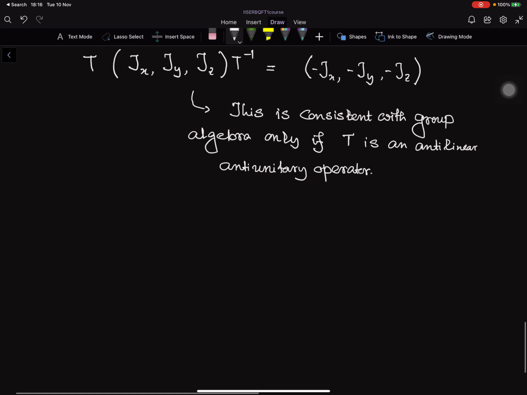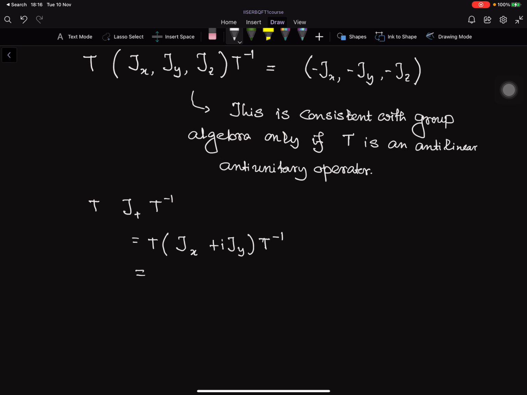Okay, so this is the statement. That means, what will happen to J plus? So let's take T inverse, and J plus is, so T J plus T inverse.